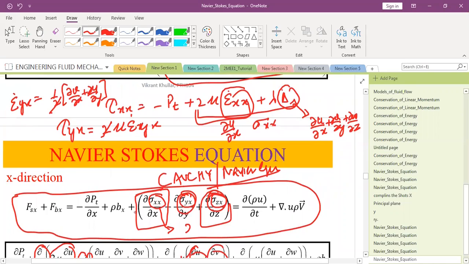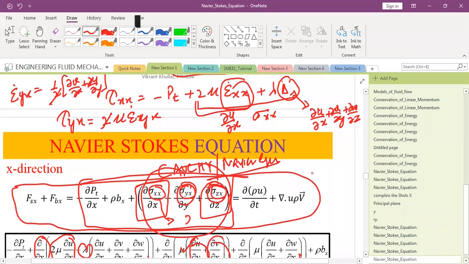So in the Cauchy-Navier equation, I am making substitution on the left hand side part just for the viscous terms, nothing more than that. I am not touching this right hand side.